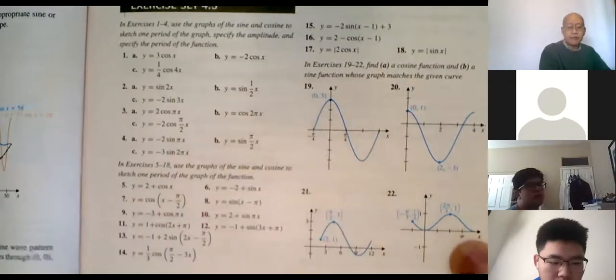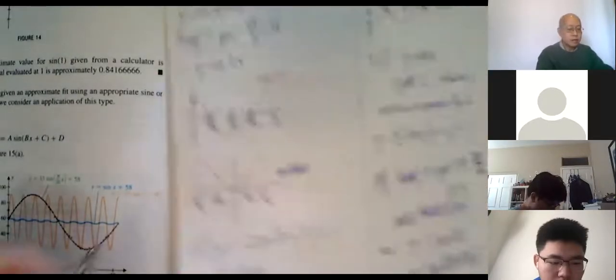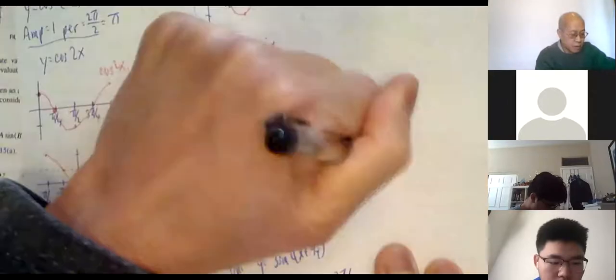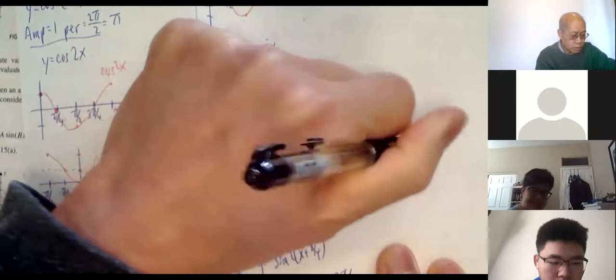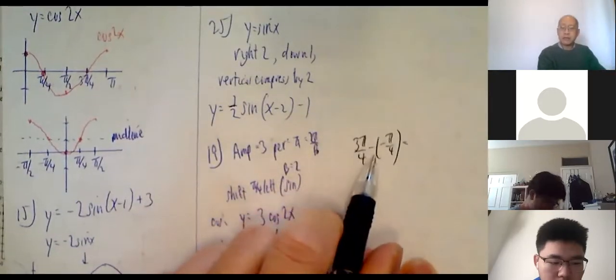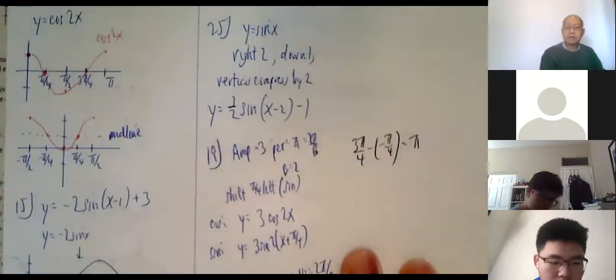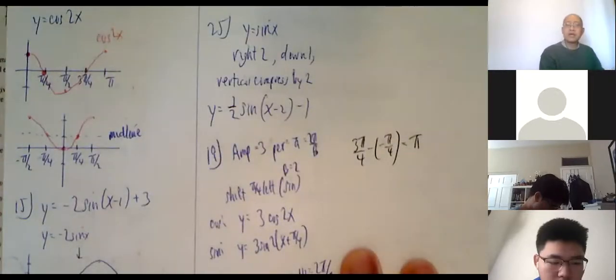This is negative pi over 4. So how far is it between the two? I subtract: bigger minus smaller, 3 pi over 4 minus a negative pi over 4. That's a double negative, that's a positive. So it's 4 pi over 4, which is pi. So the period is pi.